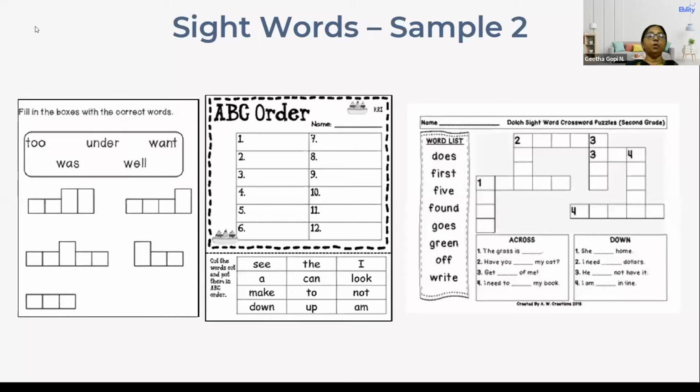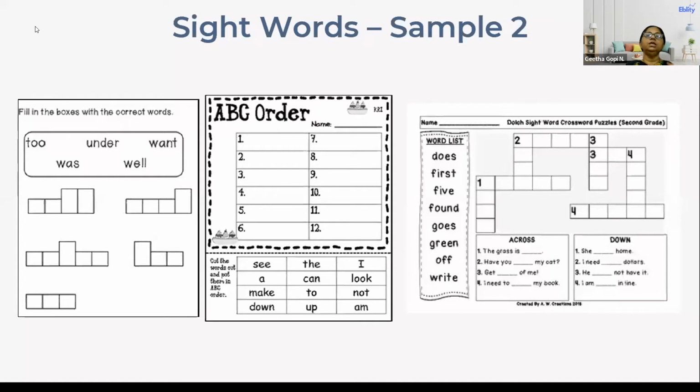Shapes play a very important part because that helps them to identify the word, especially if it's not phonetically decodable. You can also give ABC order, or alphabetizing the words. So they're not only rehearsing the alphabetical order, they're also doing the same words, but in different ways.